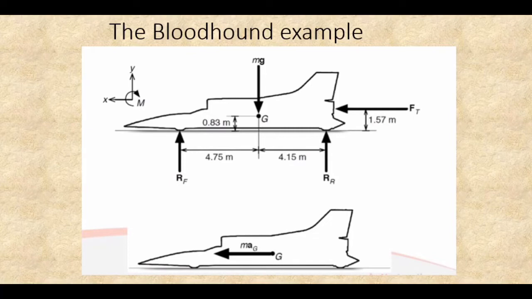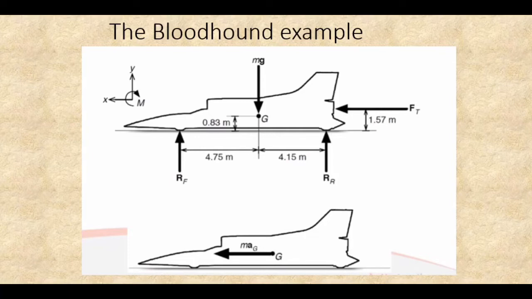Obviously, the exception is the object weight, which always acts through the center of mass. And steps 4 and 5 are the same as when we consider the particle free body diagram.